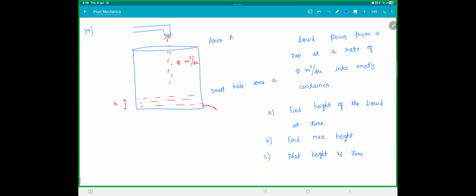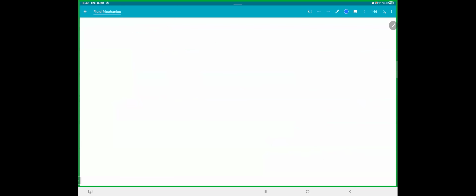See, after time t, always, whenever you're integrating, you always have to take a situation after time t. So after time t, let the height of the liquid be x. Right?